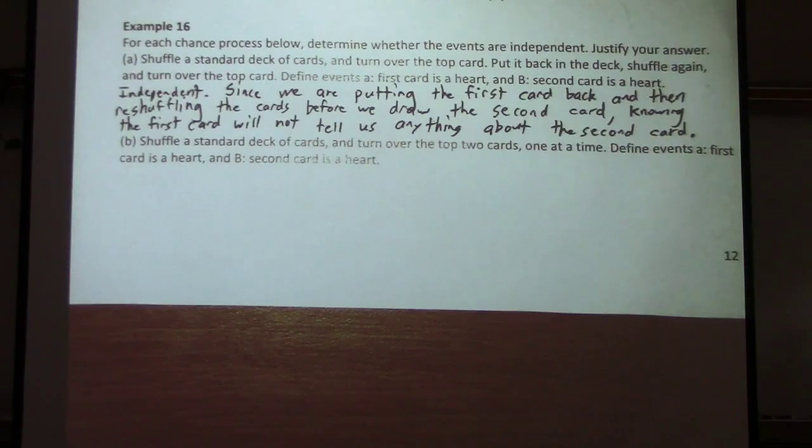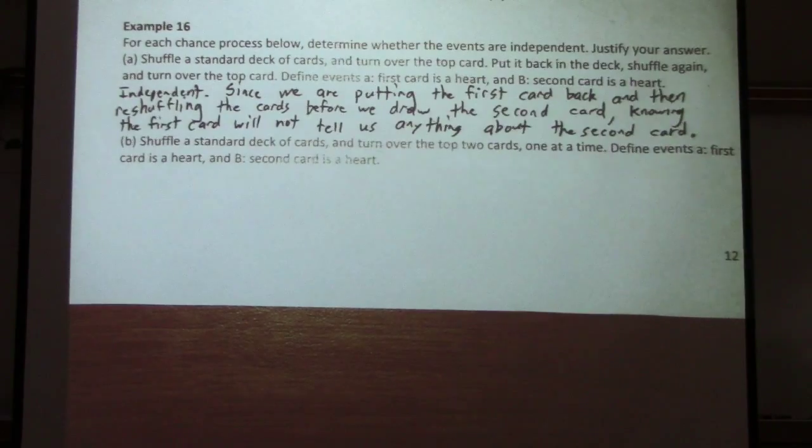Let me ask you this. If I were to ask one of you for a penny, and I grab that penny, and the date on that penny is 1993, and I put it in my pocket. So let's think, event A is the first penny I select at random is from the 90s.